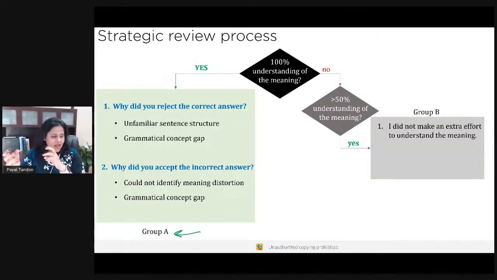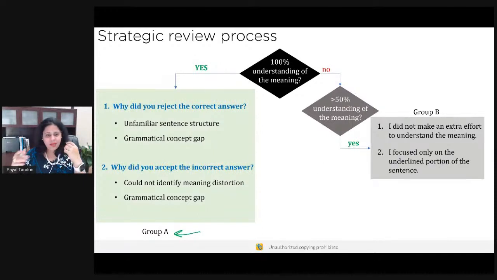Or because you are typically in a hurry to read the sentence, you only focused on the underlined portion and you didn't bother much about the non-underlined part when you were trying to understand the meaning. It could be any one of these two. The key thing is you have to understand what made you not get 100% understanding of the meaning.